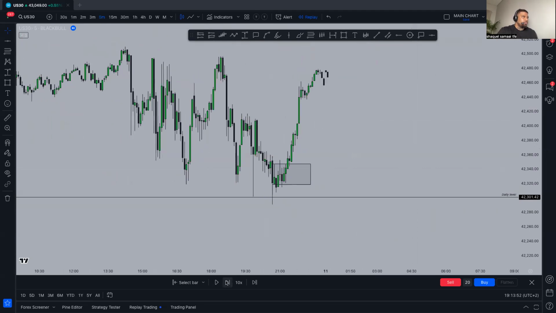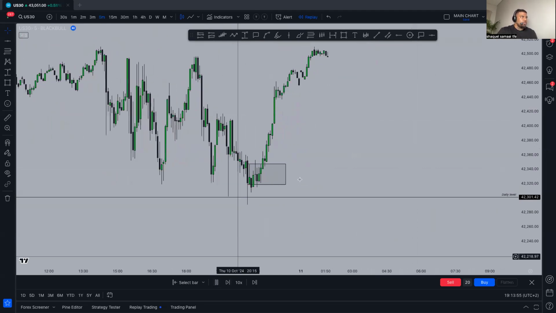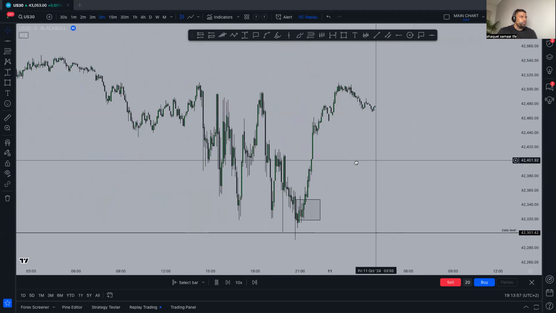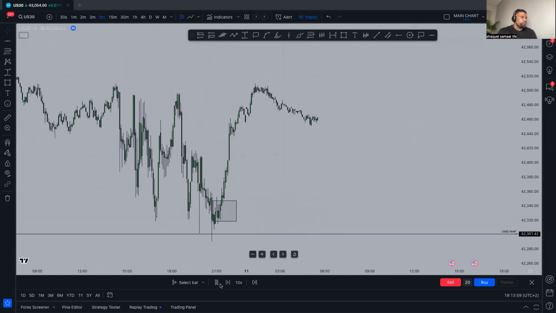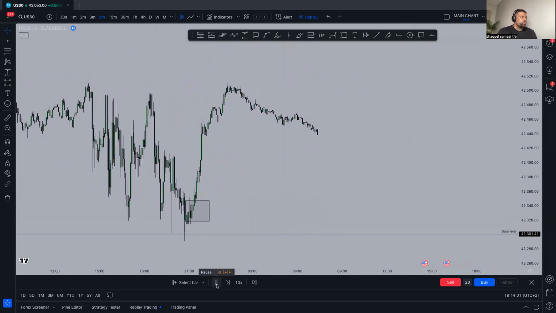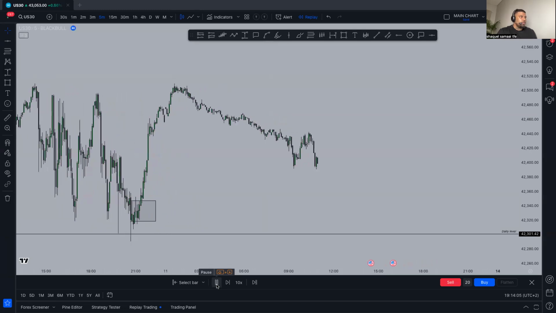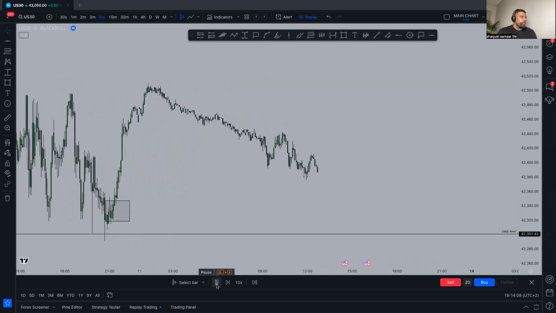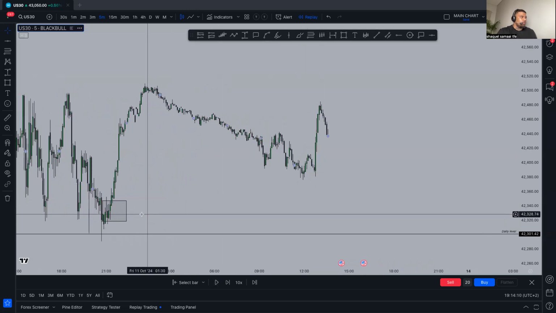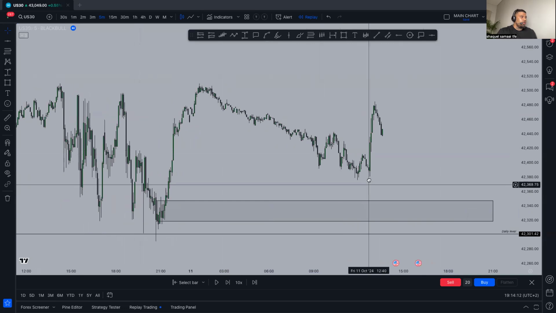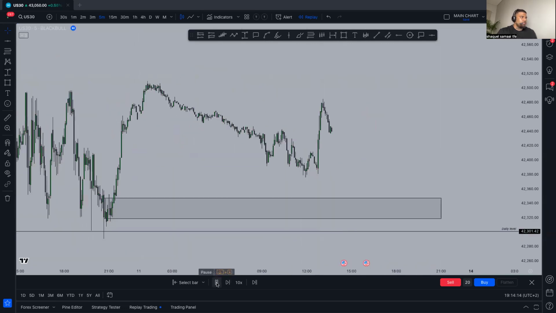So let's watch what happens. I'm gonna zoom, speed it up for you. Okay, market is doing its thing. The next day, you wake up, this area is untested.